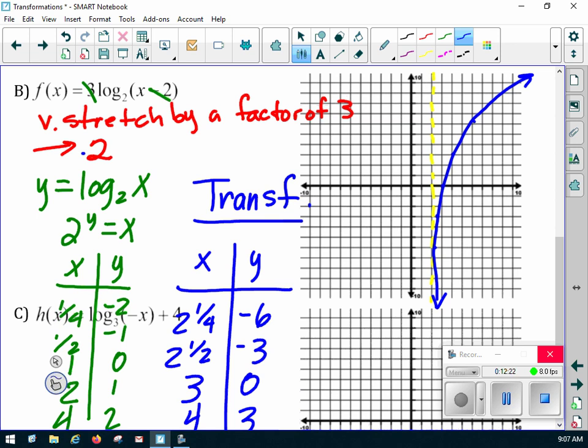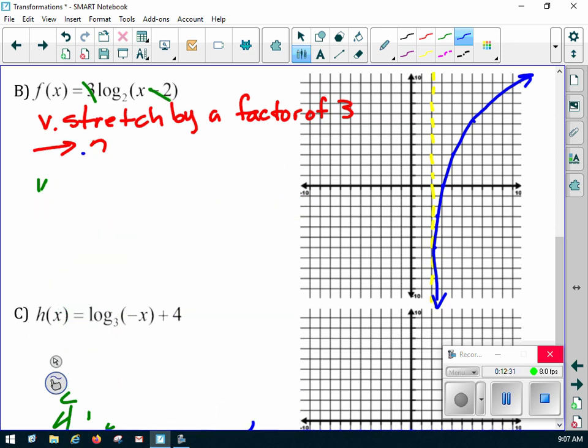Are you doing okay? Okay. F of x approaches what as x approaches 0? Not 0 this time, is it? As x approaches 2.